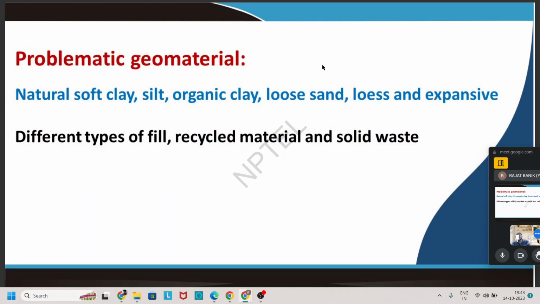Then we also discuss the different types of problematic geomaterials, that is natural soft clay, silt, organic clay, loose sand layers, and expansive soil. And we also discuss the different types of fill, reclaimed material, and solid waste.